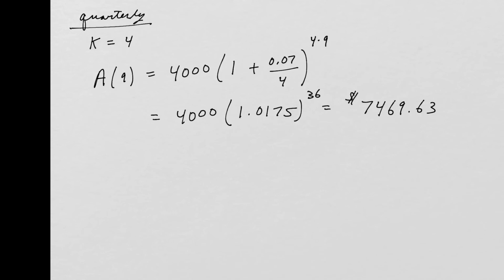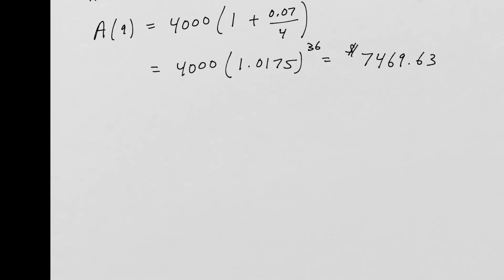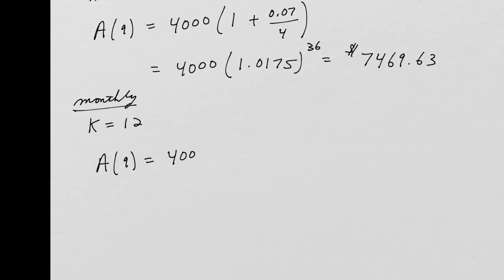If I go to monthly now, again, what's the change? Everything is the same except k now. If it's compounded monthly, how many times a year is that? k's got to be 12, right? So now I have the amount after 9 years is 4,000 times (1 plus 0.07 divided by 12) to the 12 times 9.